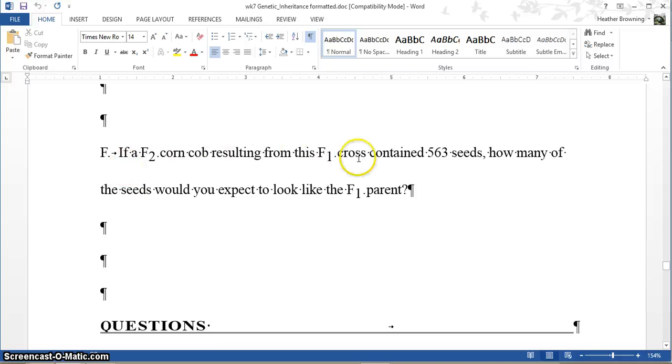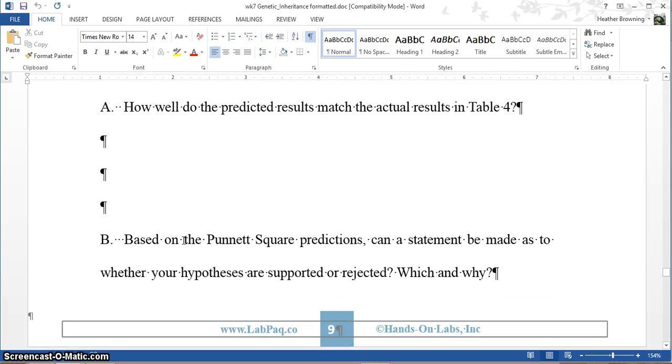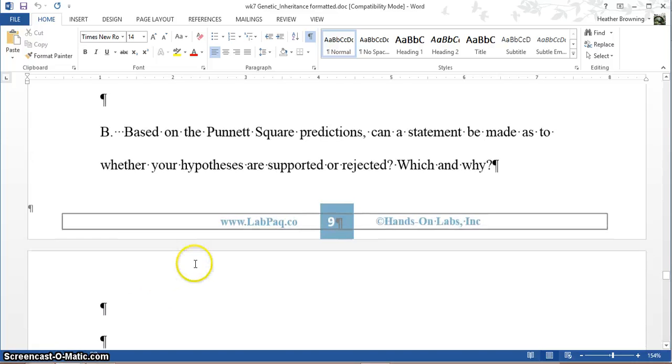And then here we go. It has 536. What do you expect the F1 to look like? So what's your ratio, and use that to figure it out. Then how well does it predict? Let's look at C.